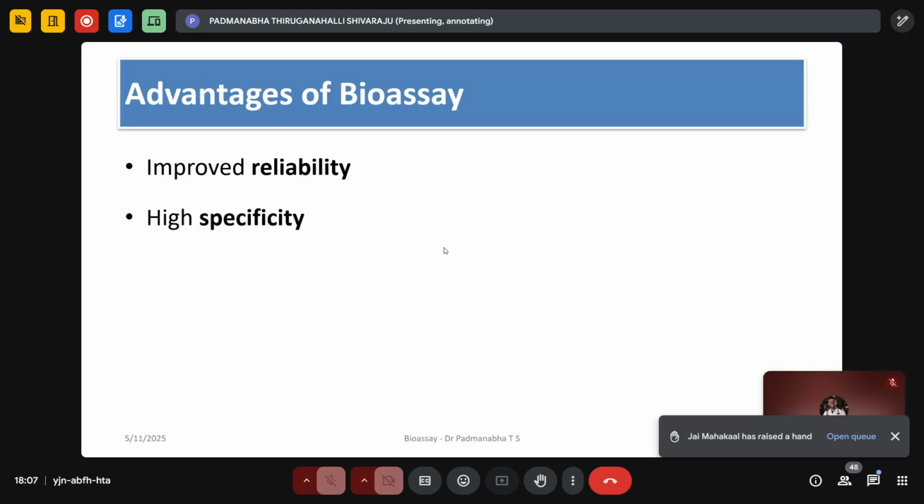It is highly specific. For example, when we give any drug to a living system, or when we extract some substance from a natural product, we want to see how specifically it responds with the individual tissue or the individual organ. So bioassay is very highly specific in nature. It also gives an accurate measure of the response, and it is very sensitive to the individual molecule that we are extracting.